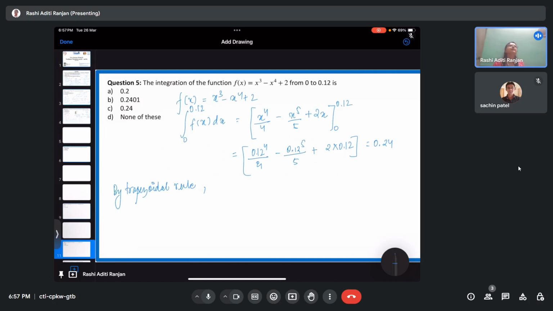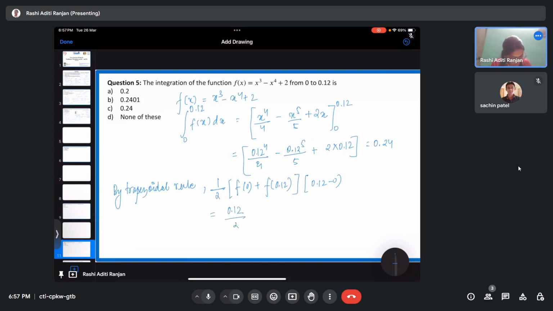The trapezoidal rule said that it was the area of the trapezoid, half into the sum of parallel sides into the distance between them, which was h by 2, f at 0, f at 0.12, and into this. Correct.